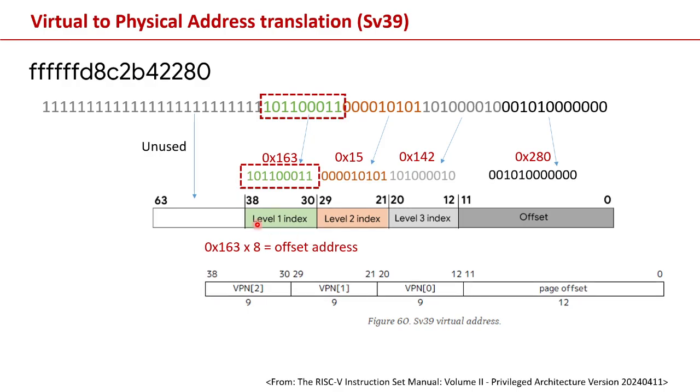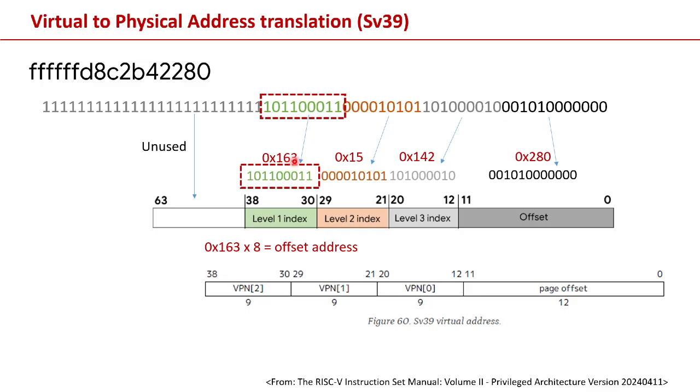Based on this layout, 30 to 38-bit position, we can have this binary value. This binary value can be used as level 1 index. This binary value can be converted into hex format, and here is the hex value for this binary value.